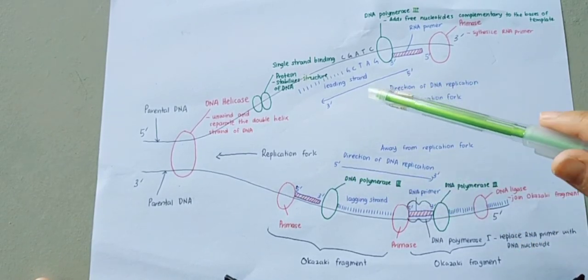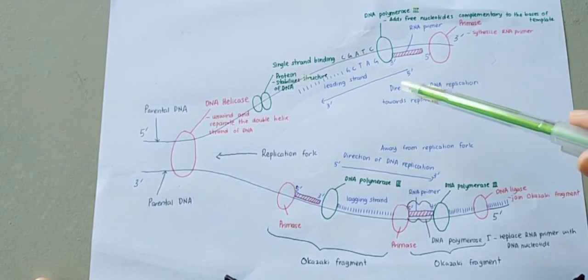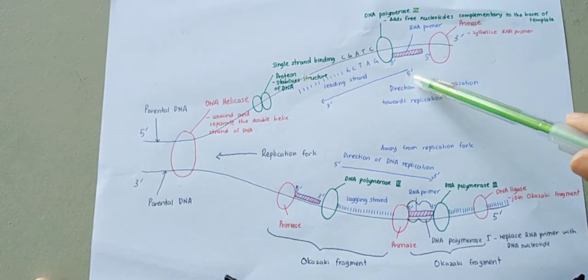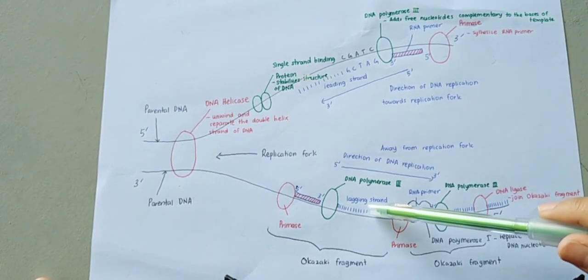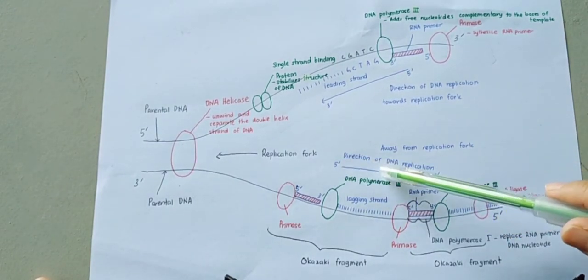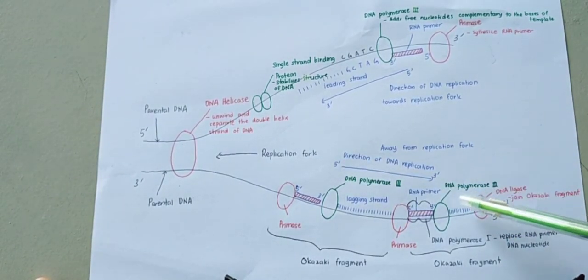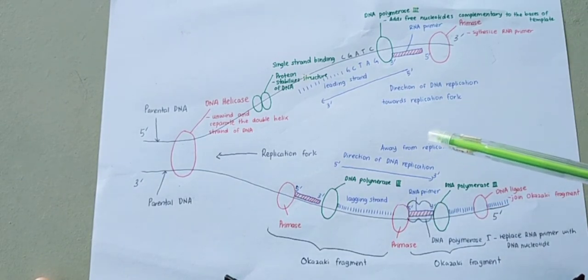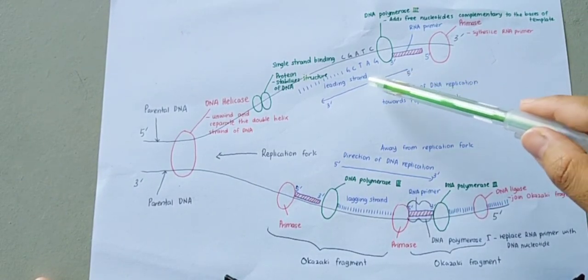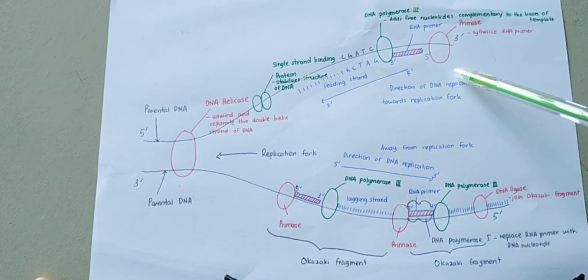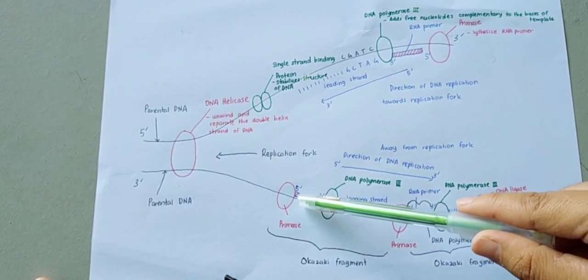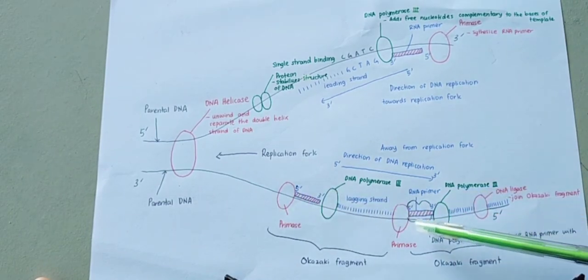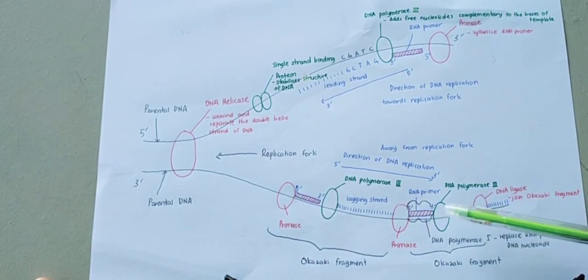But the difference is, for leading strand, the new strand of DNA is synthesized towards the replication fork, while for lagging strand it is synthesized away from the replication fork. Okay, and then another difference you can give, for leading strand it needs only one primase to synthesize RNA primer, but for lagging strand it has more than one primase to synthesize RNA primer.